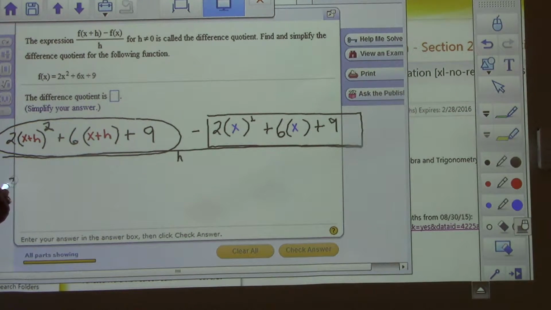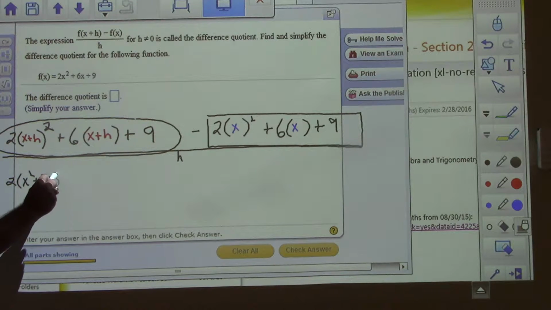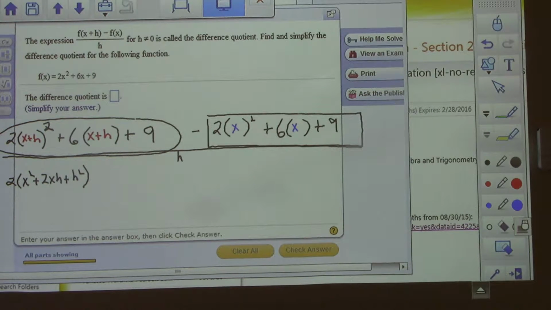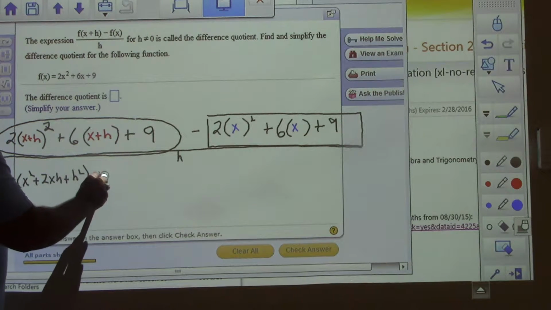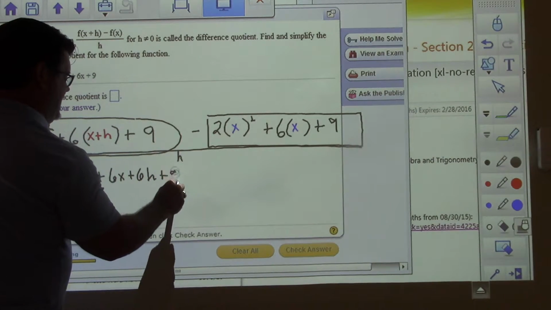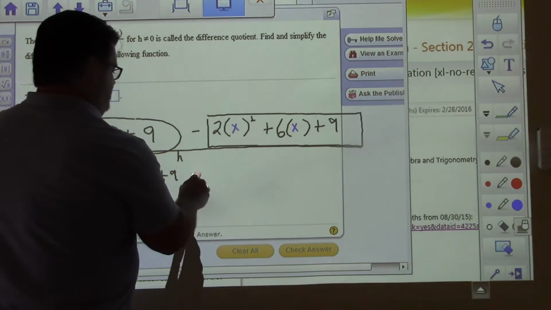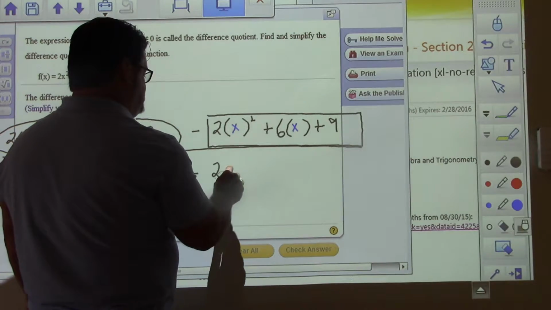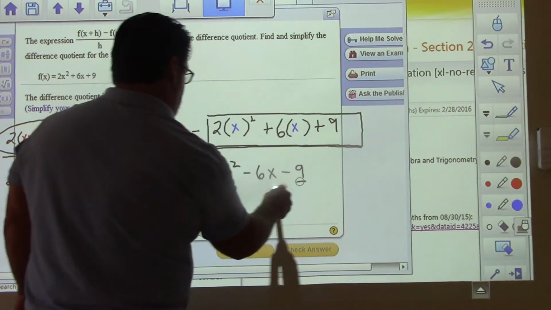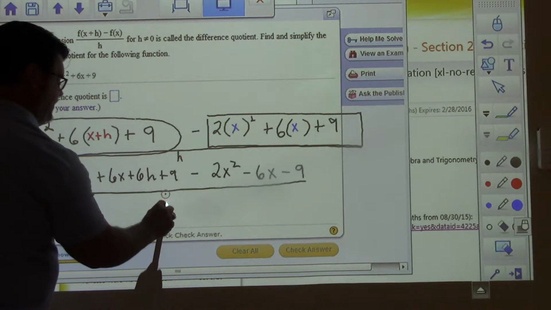Two times x squared plus 2xh plus h squared, plus 6x plus 6h plus 9, minus 2x squared minus 6x minus 9, all over h.